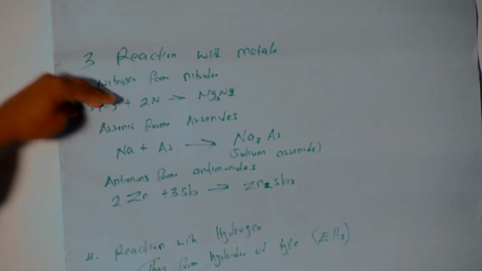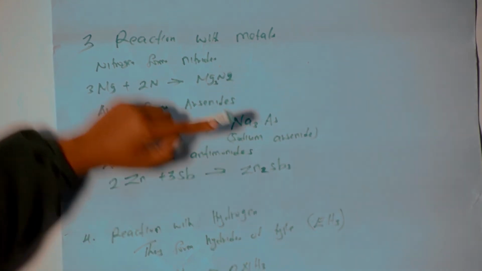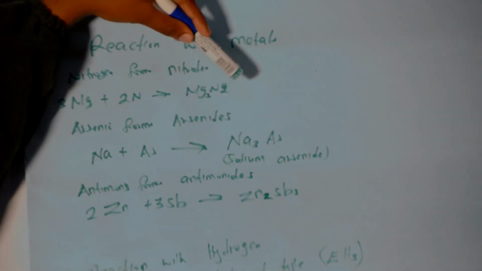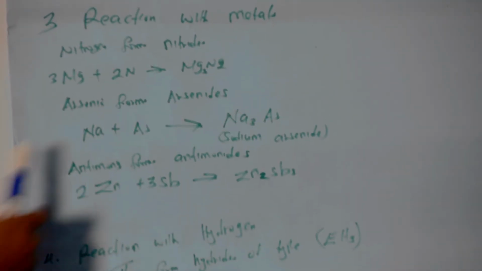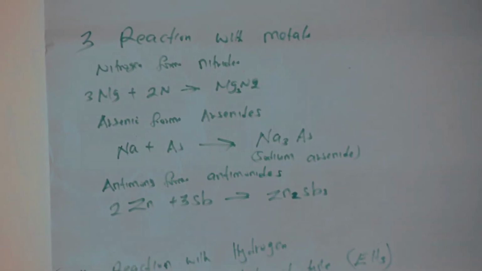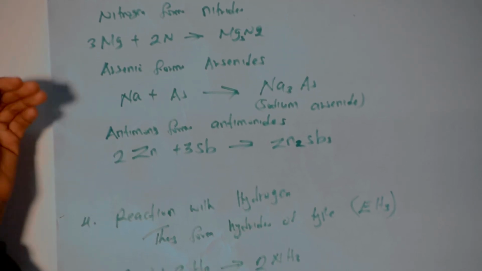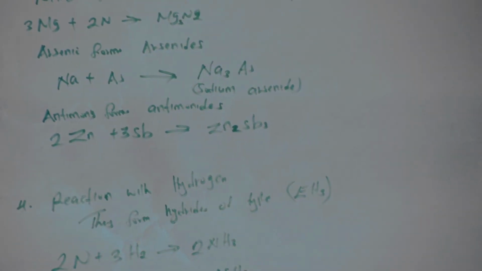In this example, nitrogen reacts with magnesium to give magnesium nitride, Mg3N2. Arsenic also reacts with metals to form arsenides, and antimony reacts with metals to form antimonides, as the examples show.